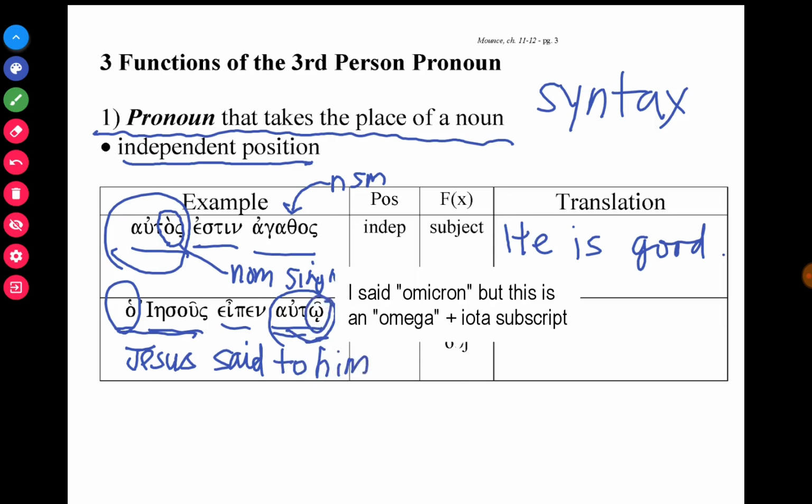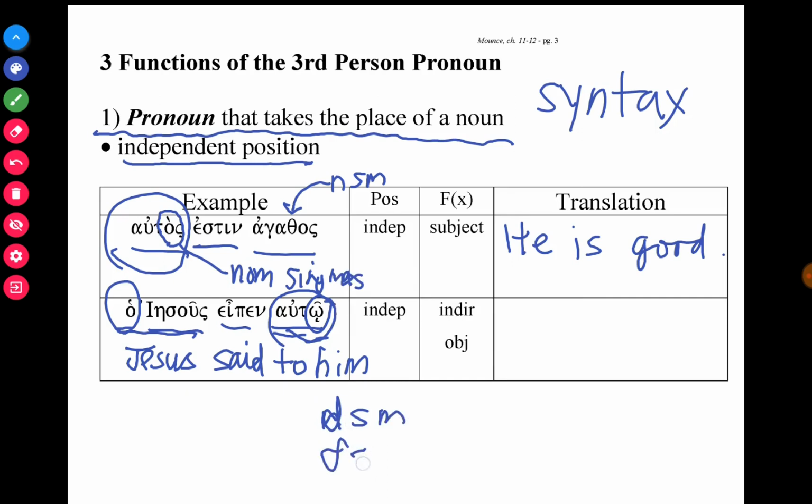That omicron tells me that it could either be the dative singular masculine or the dative singular neuter, but since Jesus is talking to a person, it is likely him, and so the translation would be Jesus said to him, and then whatever quotation follows. And this is the most frequently used form of the pronoun, where the pronoun takes the place of a noun.